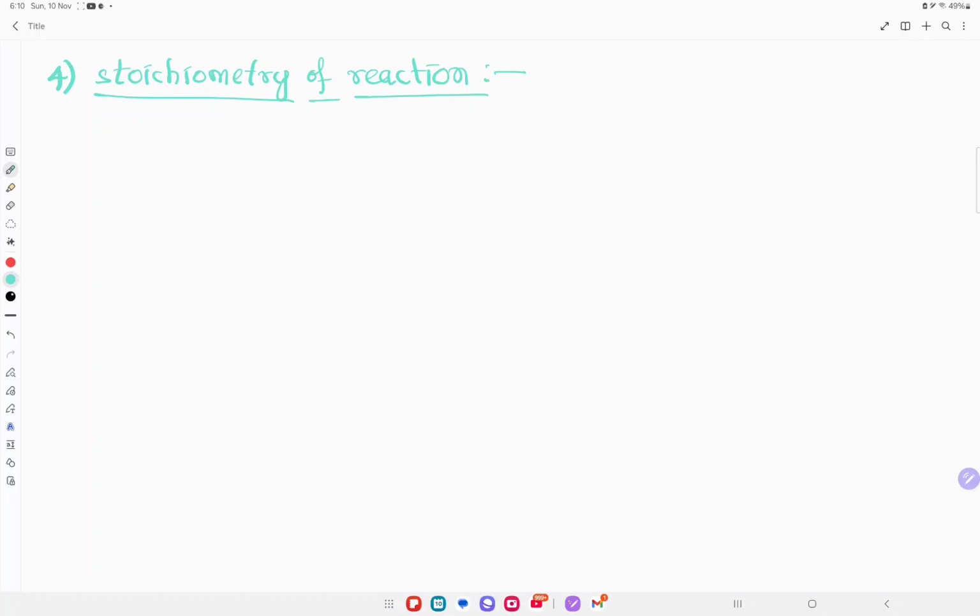Consider a chemical reaction present at equilibrium state, that is NO plus half O2 gives rise to NO2. Or multiply this equation with 2. You can also write like this: 2NO plus O2 gives rise to 2NO2.